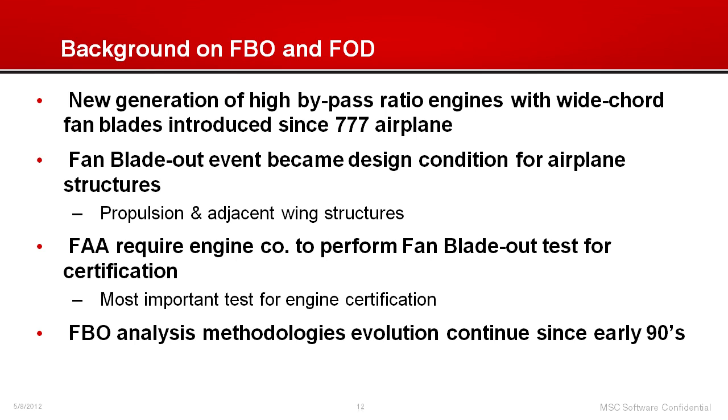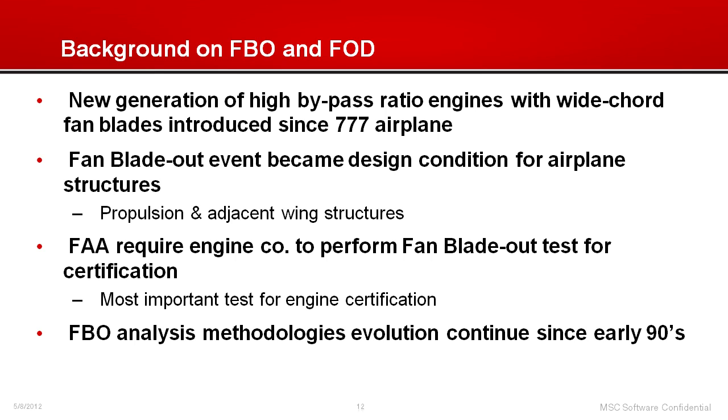The engine structure must be able to withstand the large dynamic loads generated during this type of catastrophic loading. This new generation of high bypass ratio engines with wide chord fan blades was introduced with the Boeing 777, and fan blade out has become a design condition for airplane structures as well as the propulsion-adjacent wing structures.